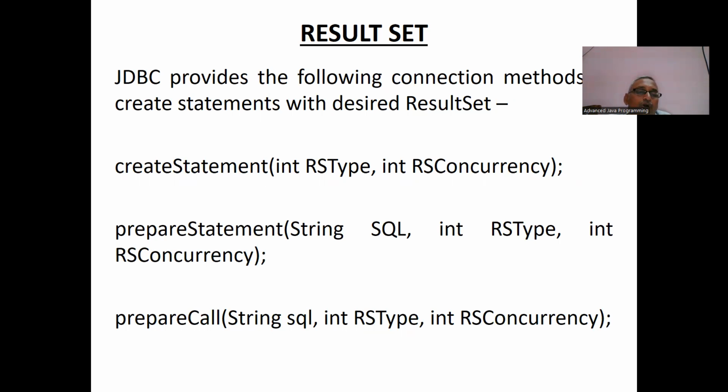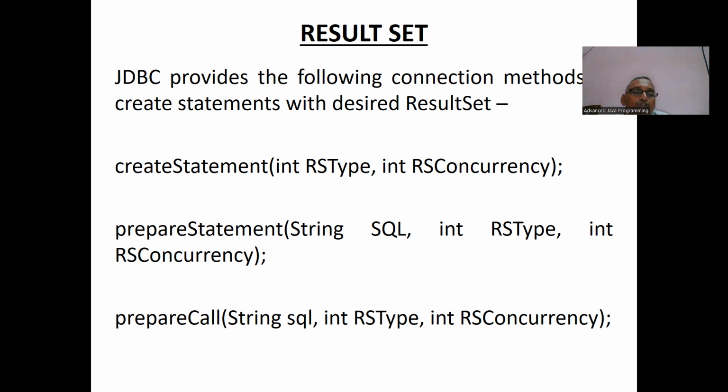If you don't specify any result set type, you will automatically get one that is TYPE_FORWARD_ONLY. ResultSet.TYPE_FORWARD_ONLY: the cursor can only move forward in the result set.